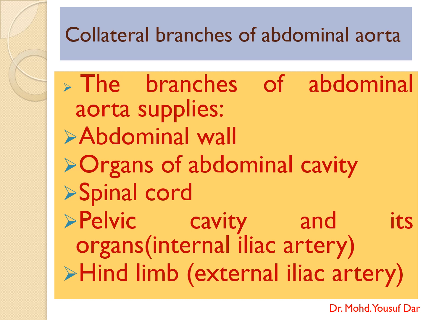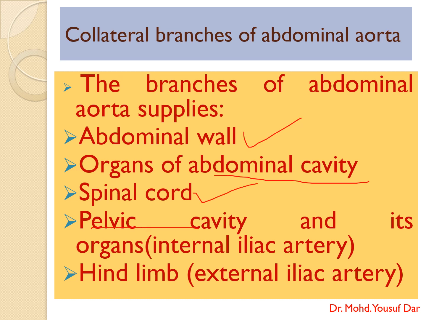The abdominal aorta supplies the abdominal wall and the different organs present in the abdominal cavity, like the rumen, reticulum, omasum, abomasum, liver, pancreas, gallbladder, and the small and large intestine. It also gives branches to the spinal cord.